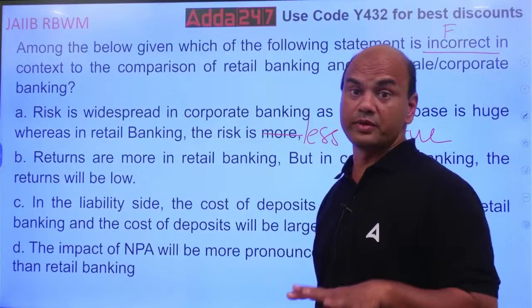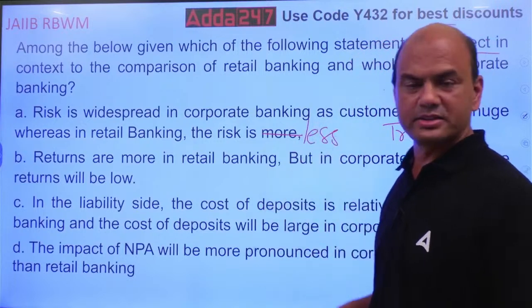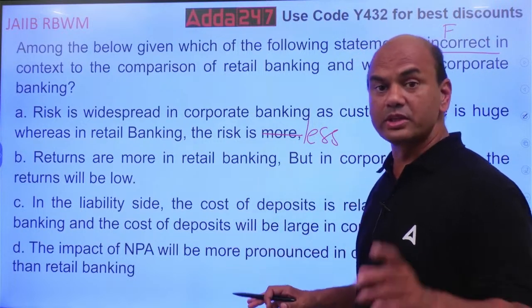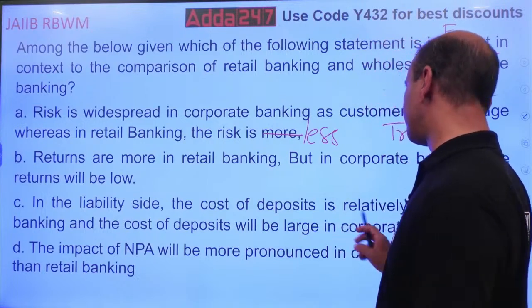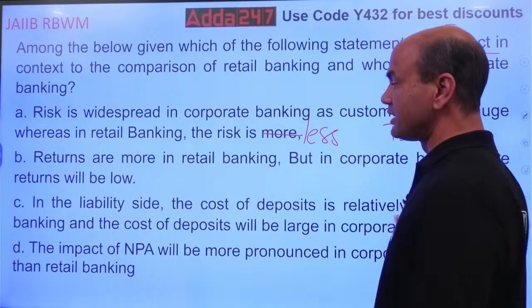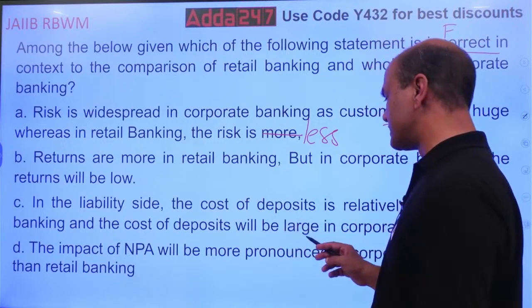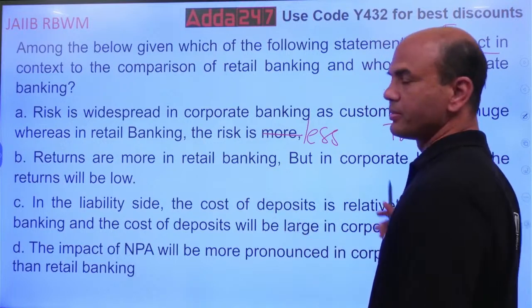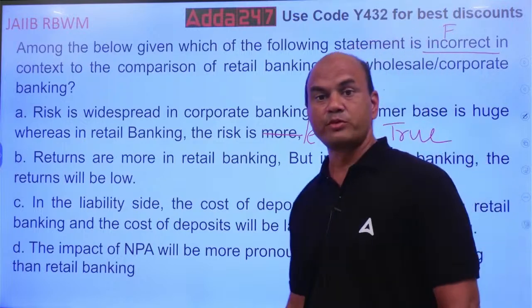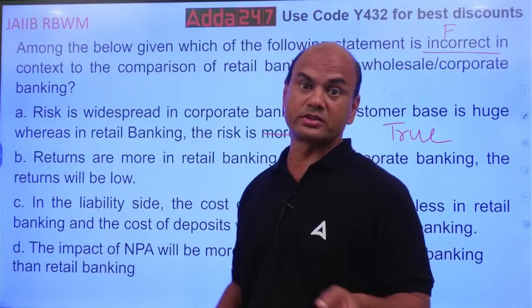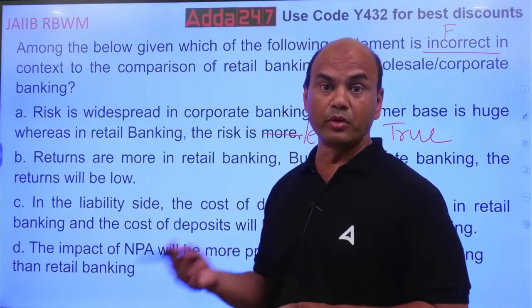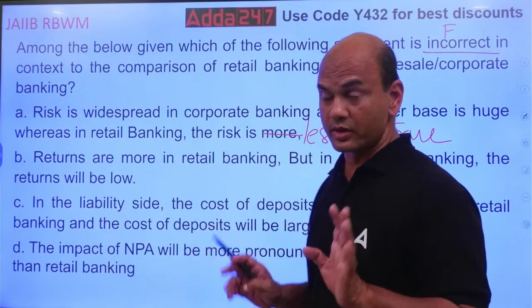Now I'll read all of them. First one, I give the answer. Remaining three, I'll read them. You think first. In the liability side, the cost of deposits is relatively less in retail banking and the cost of deposits is large in corporate banking. So cost of deposits in retail banking is less and in corporate banking is more. Think over it.